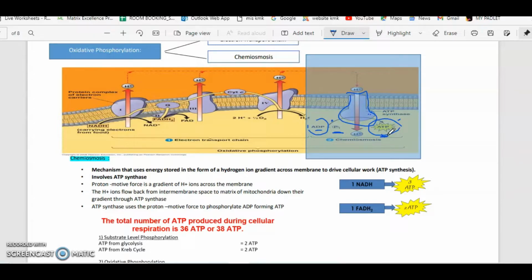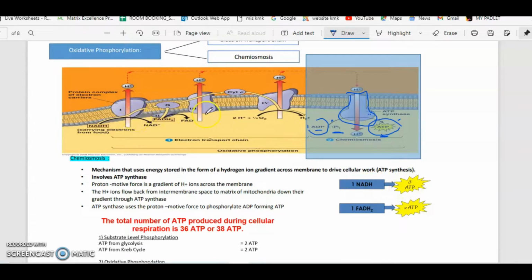In the NADH pathway, complex 1, 3, 4 will pump hydrogen ion. So when the hydrogen ion flows back through ATP synthase, chemiosmosis occurs, and 1 NADH can yield 3 ATP. Why?